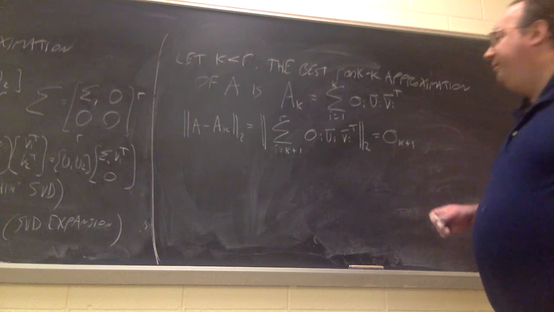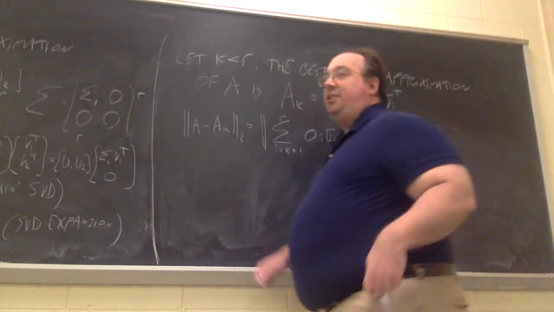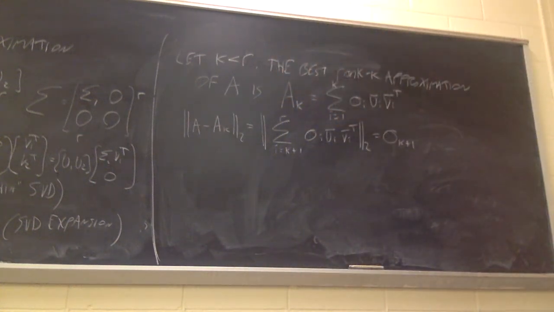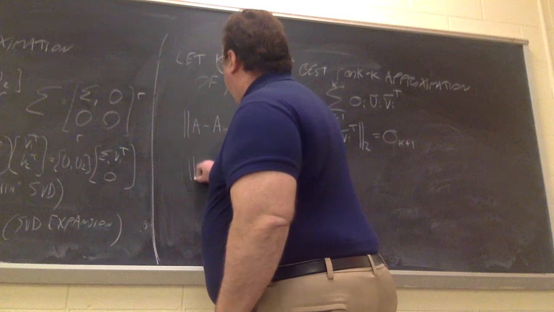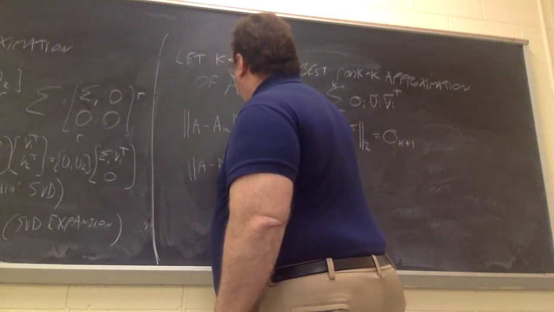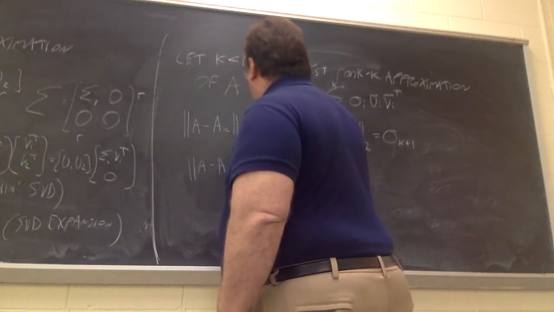Similarly, using the fact that the Frobenius norm of a matrix is the square root of the sum of squares of all the singular values, I can write down the error in this rank k approximation in the Frobenius norm sense.